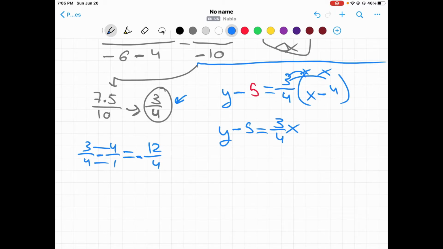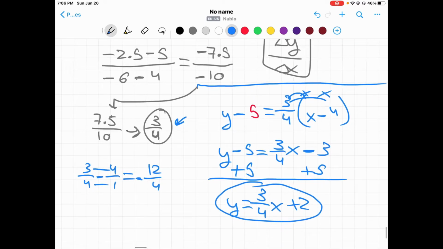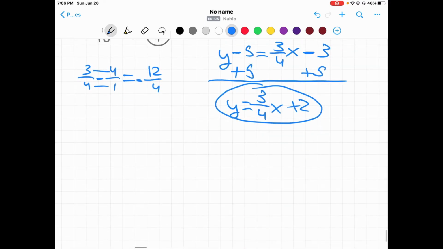So y minus 5 equals 3/4 x minus 3. We're going to add 5 to both sides, and we will get that y is equal to 3/4 x plus 2. And now this would be the equation of the linear graph that includes these 2 points. There we go. Y equals 3/4 x plus 2.